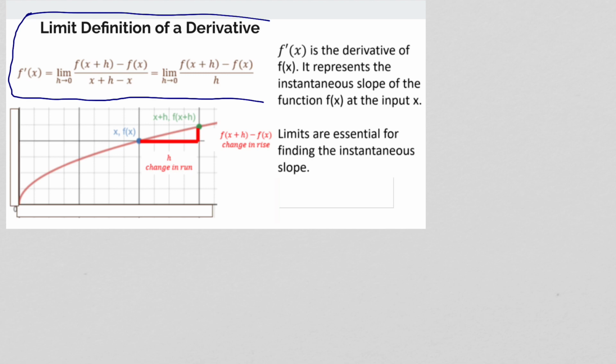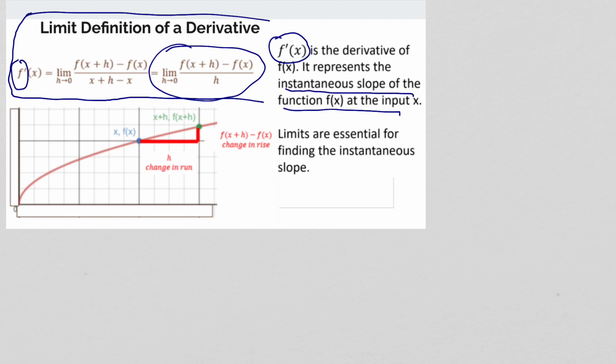This is the symbol for a derivative. f prime of x equals the limit as h goes to 0 of f of x plus h minus f of x, all divided by h. Again, this is the symbol for derivative. It represents the instantaneous slope of a function at any x value I give you.